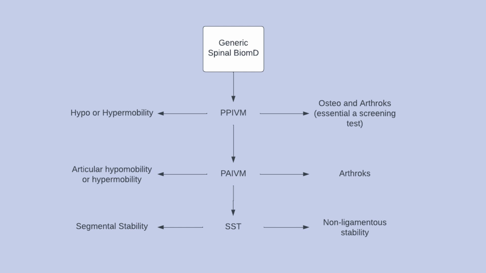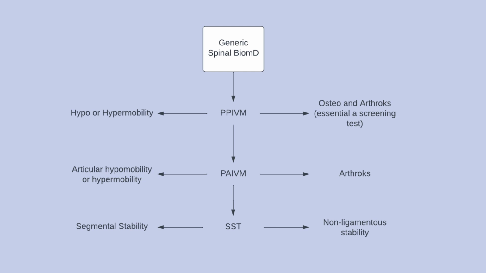If the PPIVM is negative, then you've got one of two things happening. Either you're not very good at testing biomechanically, or the biomechanical dysfunction is insensitive to testing, so it can't be picked up with these tests. We have no idea actually how effective the PPIVM is for picking up dysfunctions.